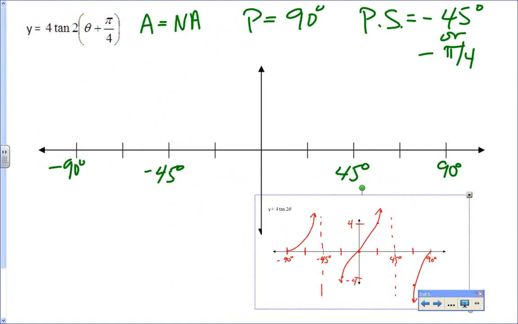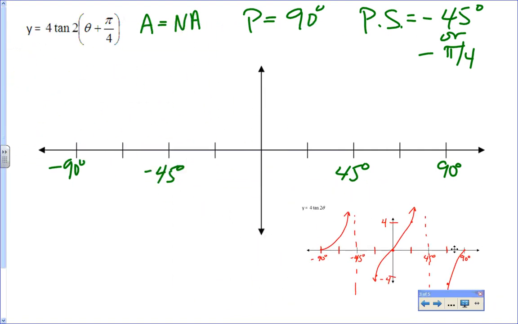This is almost like picture in picture for your television. Whenever I have something with asymptotes in it, that's normally what I move first. Okay, so what am I supposed to do with my asymptotes according to this phase shift?